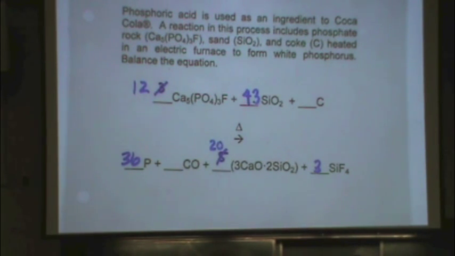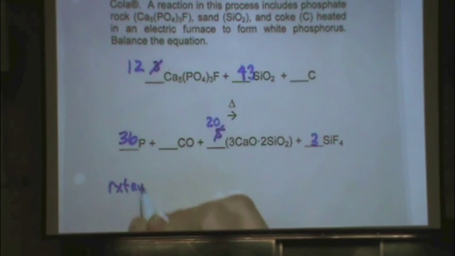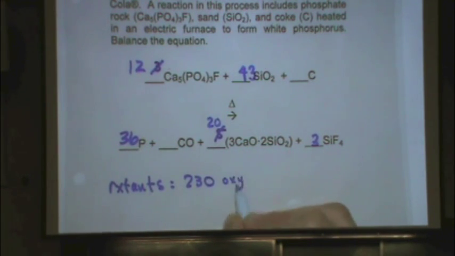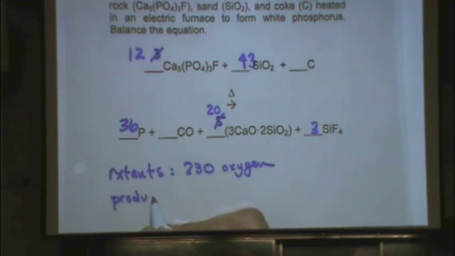I think 230, right? Okay, so there's 230 oxygens in the reactants. Love this problem. Okay, so let me just make a note. Reactants have 230 oxygen atoms.